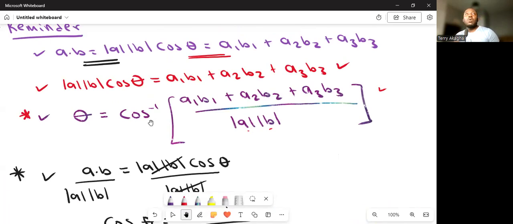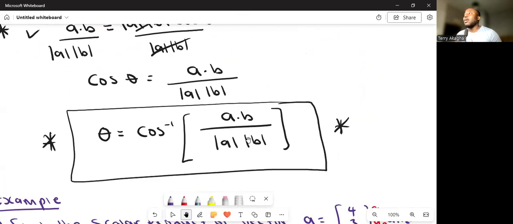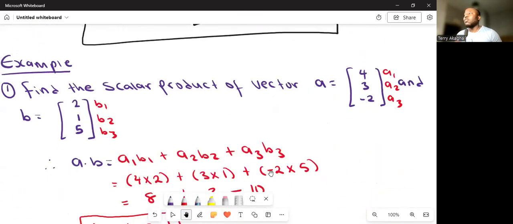So theta will be equal to the cos inverse of A1 B1 plus A2 B2 plus A3 B3, divided by the magnitude of A times the magnitude of B. So let's go back.